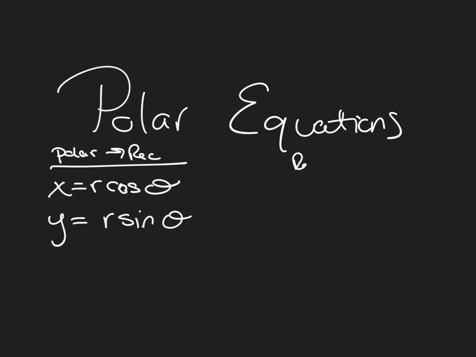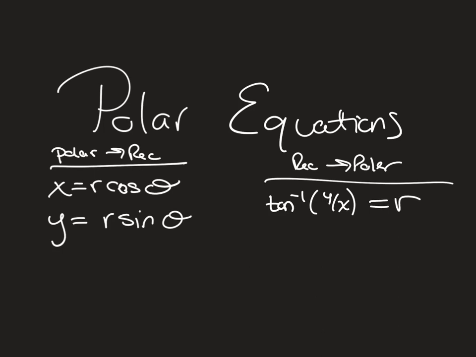If I'm going from rectangular to polar, then arctan of y over x is going to equal my theta, sorry, not my r, and x squared plus y squared will equal my r squared. So those are the equations you're going to need to know.